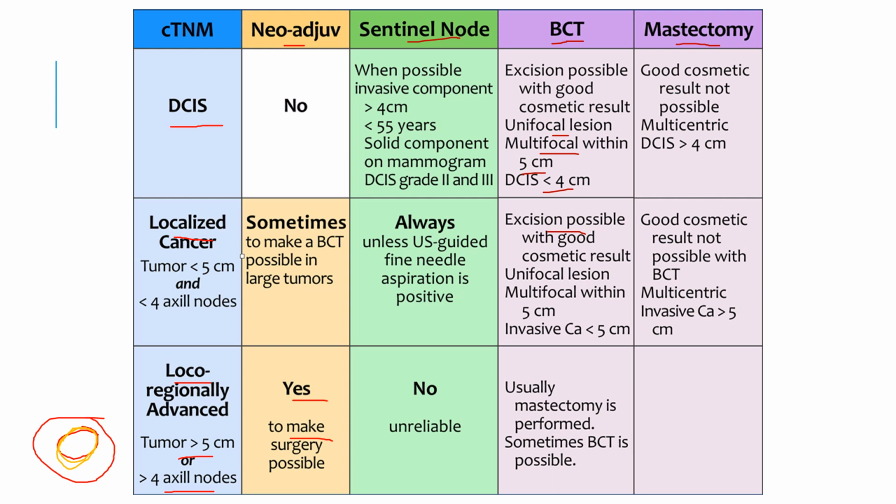Your treatment modality will not depend on the 3 centimeter size. It depends on the initial size. So don't get confused with the neoadjuvant. Neoadjuvant, you are doing that so the surgery becomes possible and easier. You are not doing that so that you can conserve the breast and the cosmetic appearance. Okay.